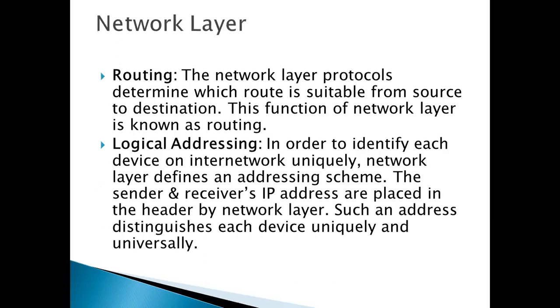Next is the network layer, a very important layer. This layer provides the address. Its main functions are routing and logical addressing. Suppose you send data to another machine using a logical address, generally an IP address.